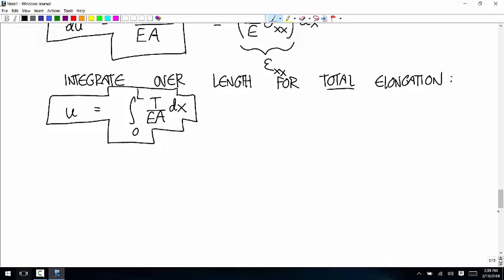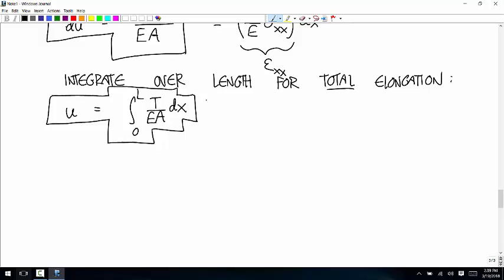This is what you would do if you have any of these values changing continuously. If the cross-sectional area is changing, it's getting thinner as you go along, or if that internal tension is changing as you go along the length, then you have to integrate.